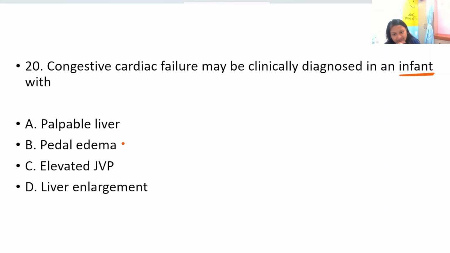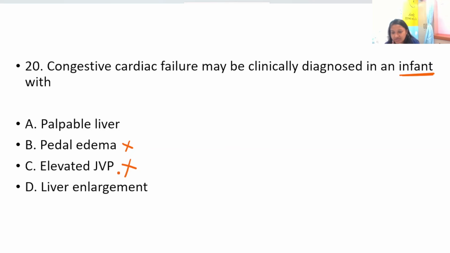Pedal edema, no. Dependent parts edema that is usually seen in older children. It's not exactly a feature of infants. Elevated JVP, practically you will not see this in infants because of short neck, subcutaneous fat. They won't be cooperative to assess the JVP in the typical position, right? So you won't see this.